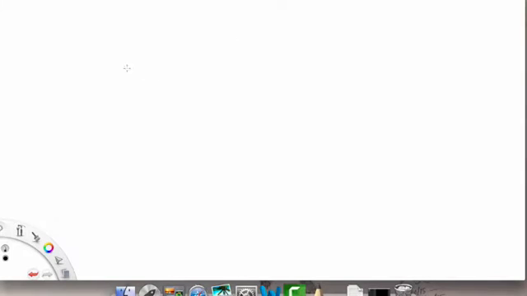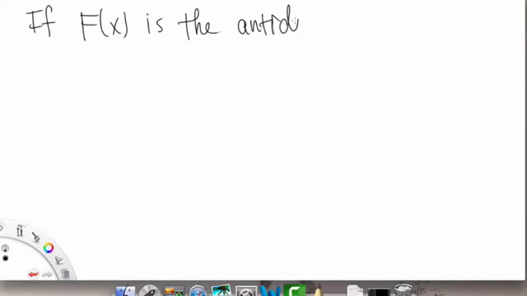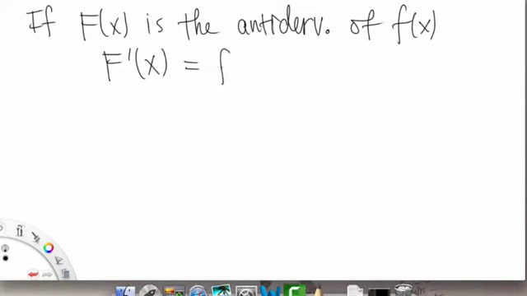Technically, how the substitution method works is that if capital F of x is the antiderivative of lowercase f of x, then we have that capital F prime of x is equal to f of x, because that's the definition of the antiderivative.